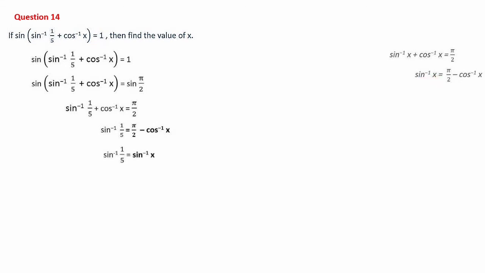So sine inverse of 1 by 5 is equal to sine inverse of x. So on both sides there is sine inverse, which means 1 by 5 and x will be equal. So from this statement we can say that x is equal to 1 by 5. This is the proper calculation, or else from here itself we can directly write, because by using the formula sine inverse x plus cos inverse x equal to pi by 2, here also x, here also x. That means here 1 by 5 means here also should be 1 by 5. x is equal to 1 by 5, directly also we can write.